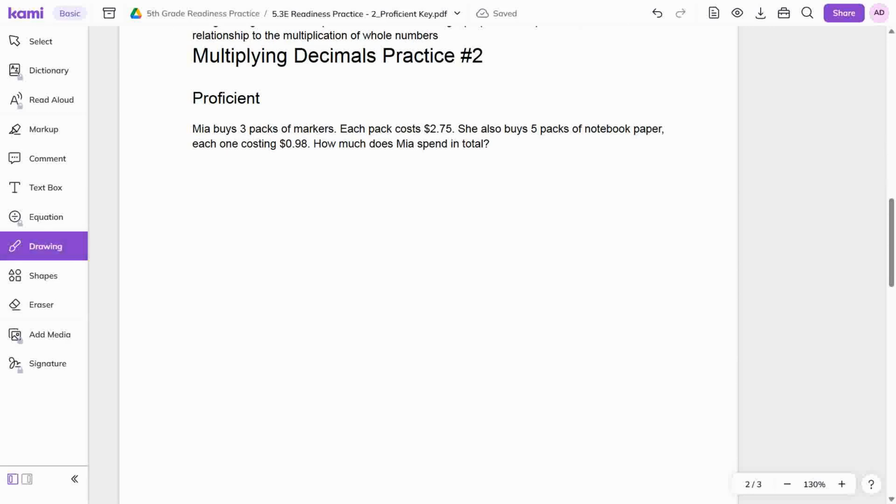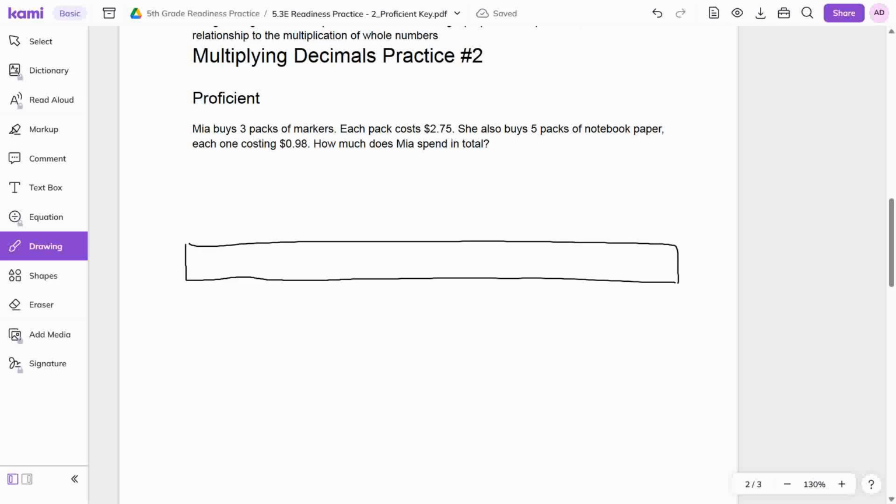We've got Mia here buying 3 packs of markers. Each pack costs $2.75, so we could visualize it in that same way. So let's put 3 packs of $2.75, and then we've got 5 packs of 98 cents.